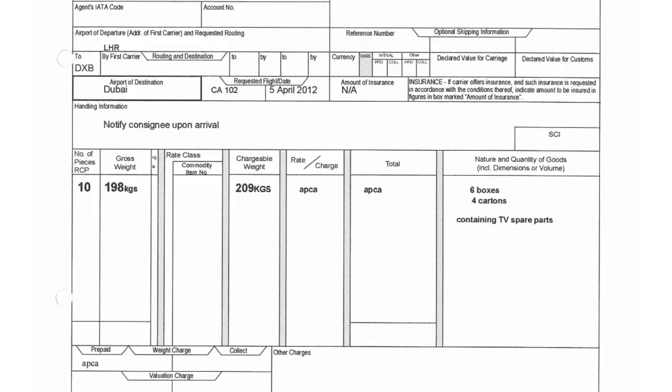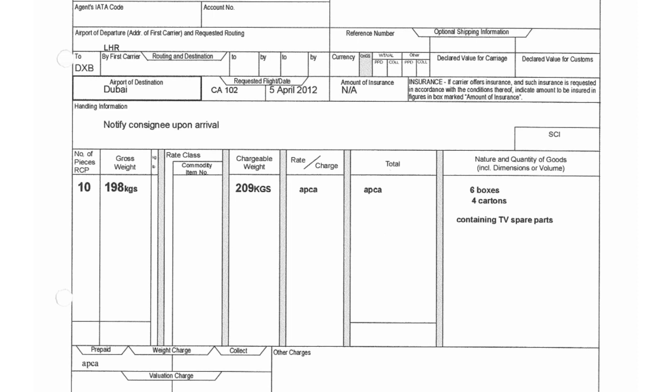If you look at the copy of the airway bill, you will see there's provision for 2 levels of weight. You have the gross weight. The first one is the gross weight, and the second one is chargeable weight.